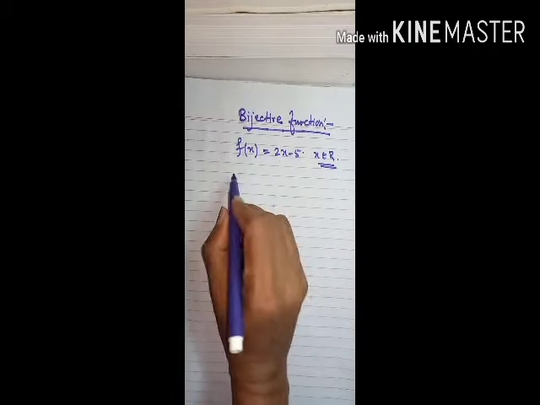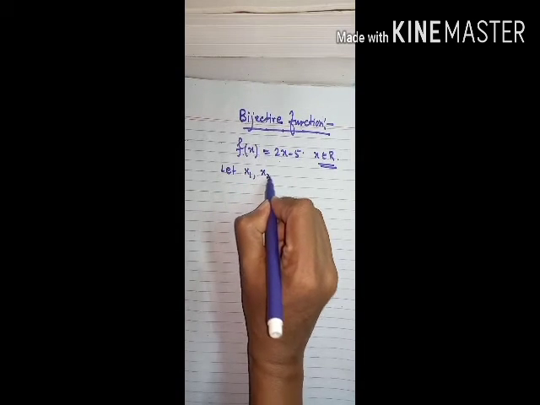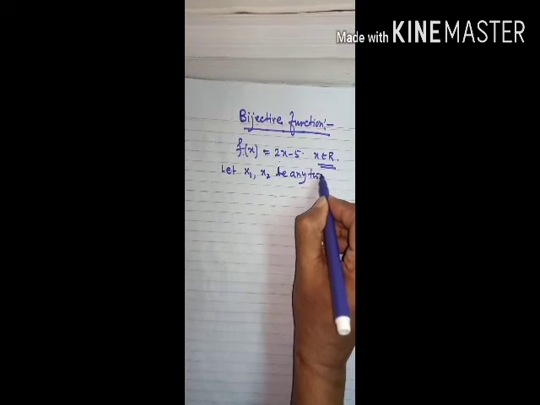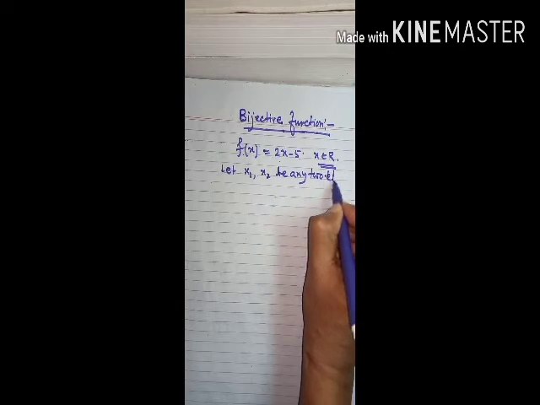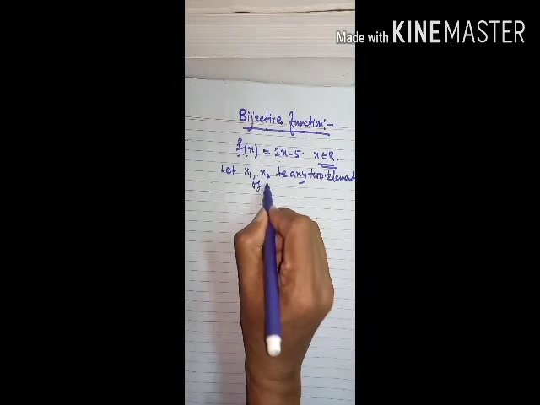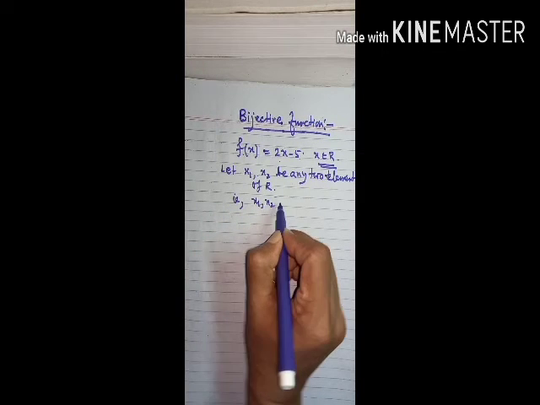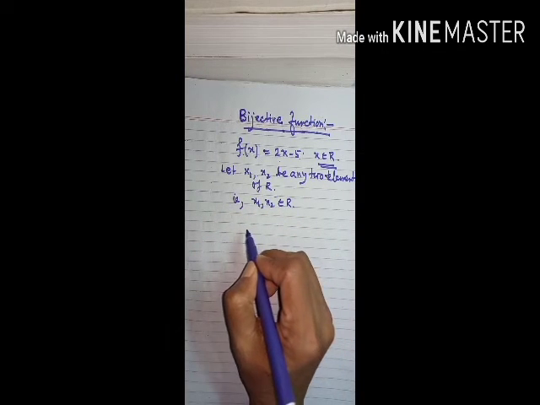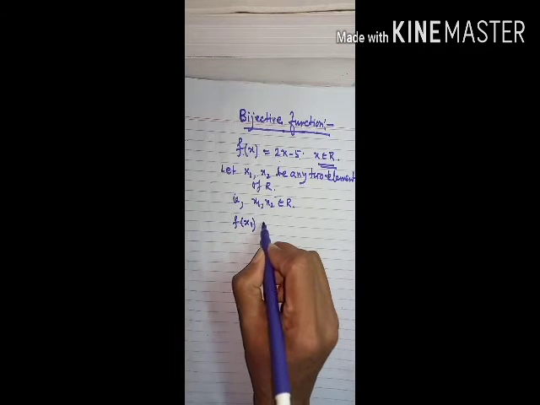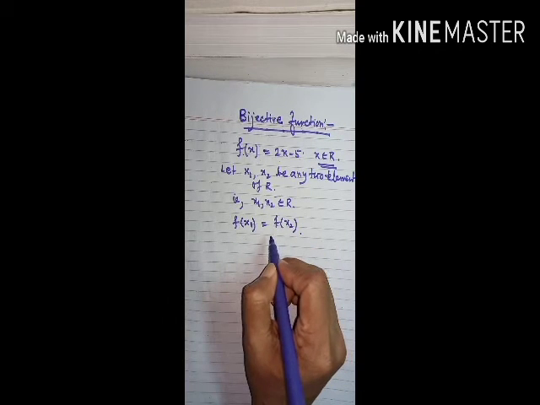Just you have to write, let x1 and x2 be any two elements of R, that is, x1, x2 belong to R. First write down f of x1 equal to f of x2.